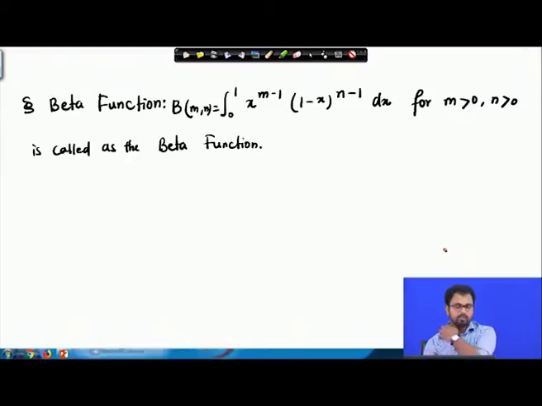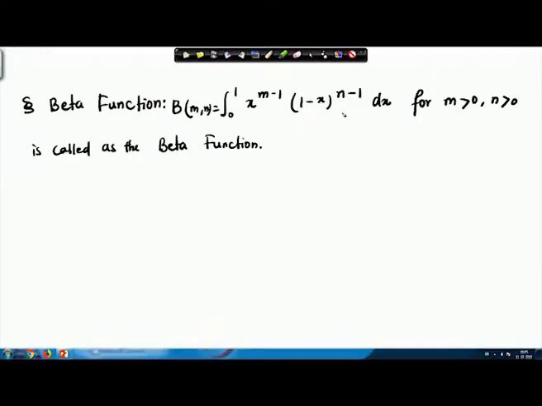And here we can see that this is an improper integral when n is less than 1. When n is less than 1, then this one will become 1 minus x to the power something negative, and if we have 1 minus x to the power something negative, then that will come in the denominator, so that it will become 1 minus x to the power something positive, and at x equals 1 we will have a point of discontinuity.